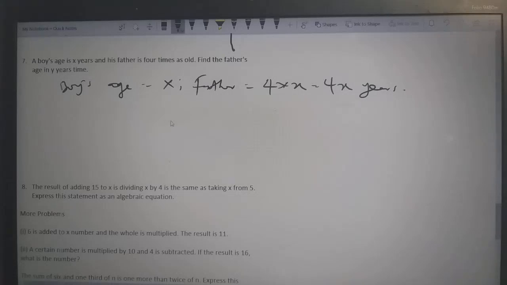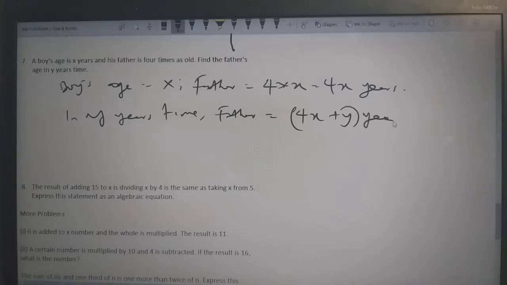Now they say find the father's age in y years time. So I will say in y years time, father equals to 4x plus y. So that will be the father's age. The y years is in the future, which means that you are adding to the age of the father.